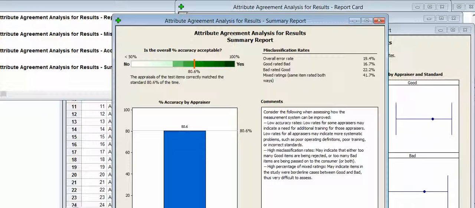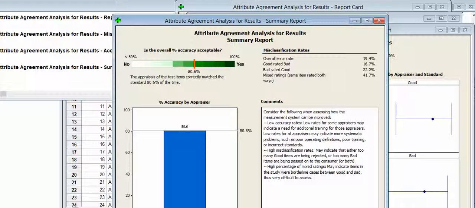We can see the overall error rate, and again we've done this also in Excel, 19.4%. The good rated bad, 16%. The bad rated as good, 22%, and the mixture of rating, 41%. So remember, we missed 5 out of 12, so that's the percentage.